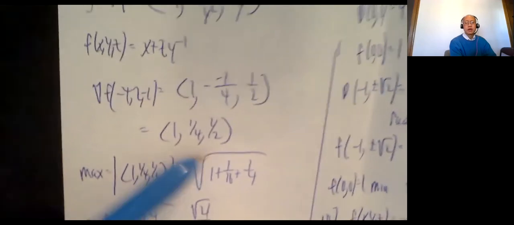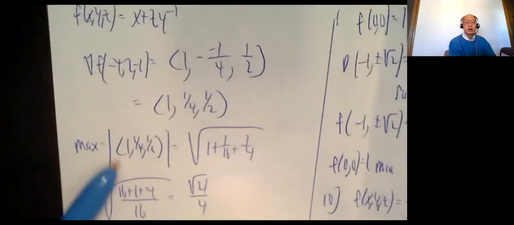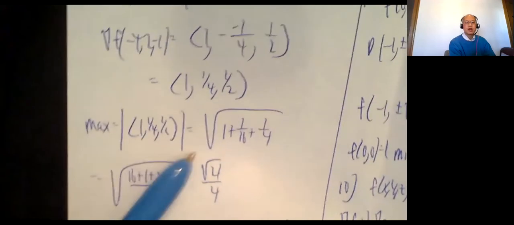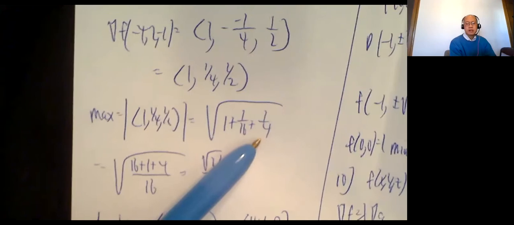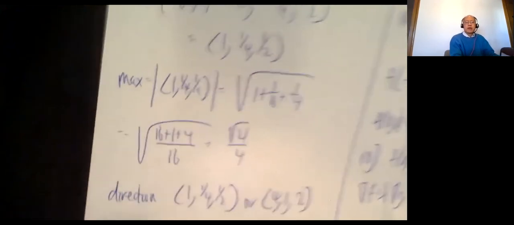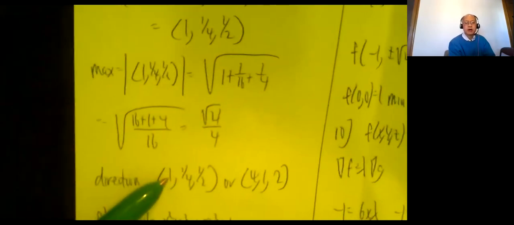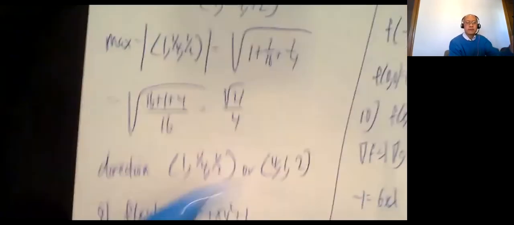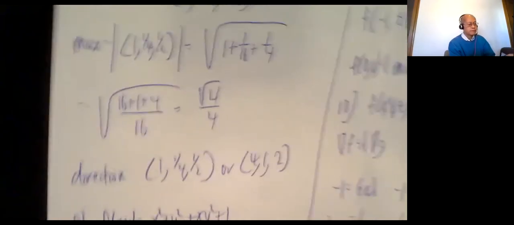So 1, 1/4, 1/2. Okay, so the maximum rate of change is the magnitude of the vector (1, 1/4, 1/2), which is the square root of 1 squared plus 1/4 squared plus 1/2 squared, which comes out to be radical 21 over 4. And the direction is the direction of the gradient vector (1, 1/4, 1/2). Okay, or if you want to make it look nice with integers, (4, 1, 2).